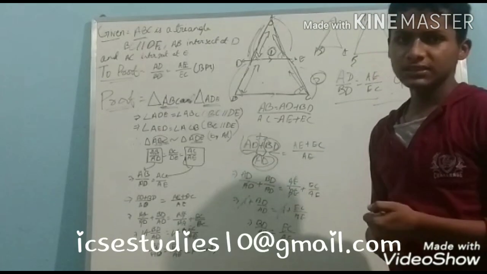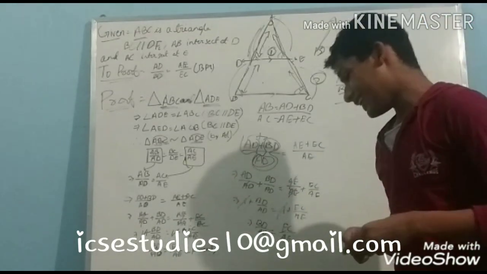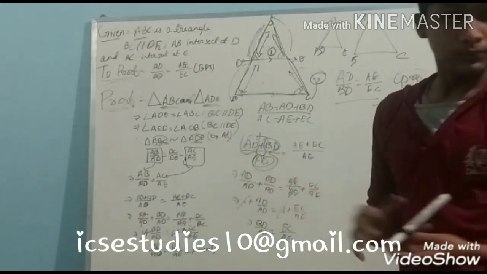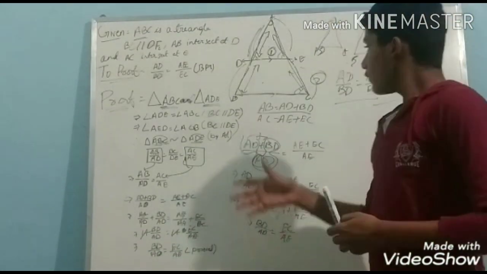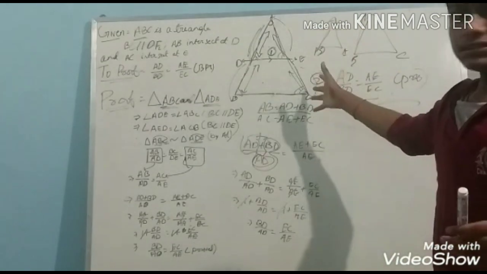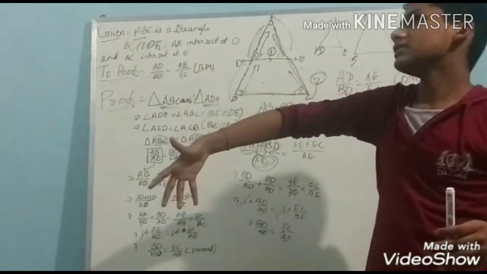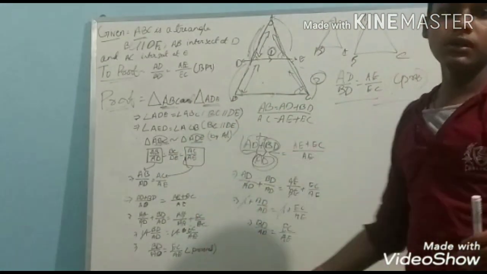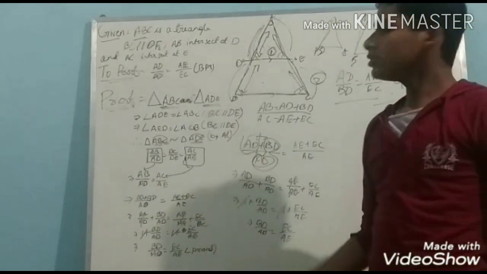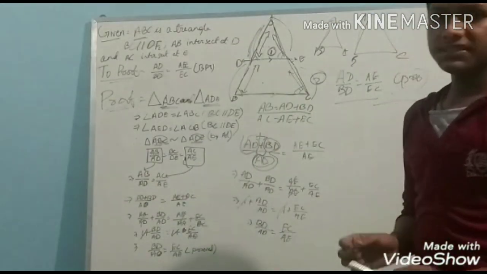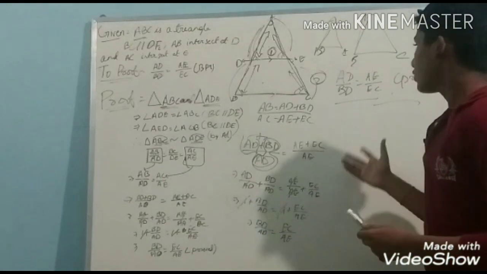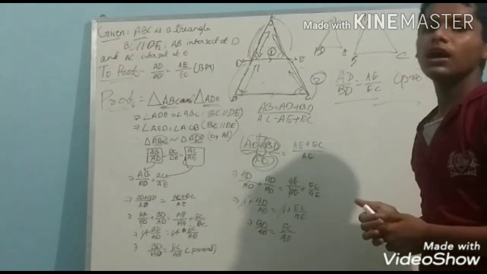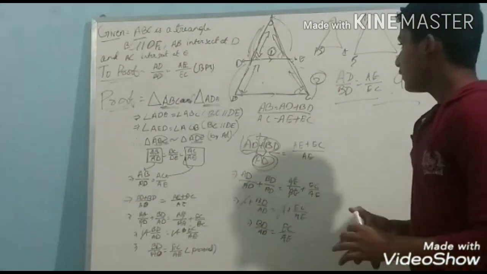If you have any doubt in this equation, the email is written in our description box, and I am also telling you: icacstudies@gmail.com is our email. If you have any doubt in this concept, please send it through email. Any doubt, any question based on this BPT, the basic proportionality theorem, and the converse of the basic proportionality theorem, I will also send you in a very few days.